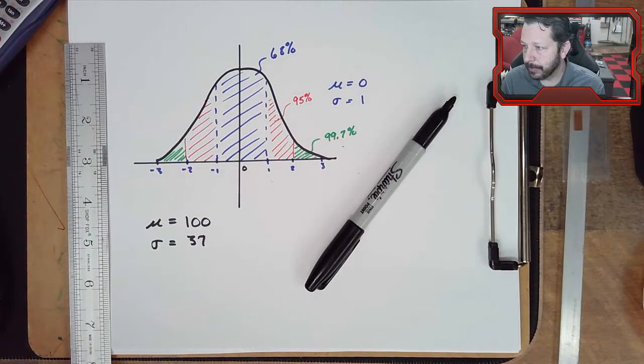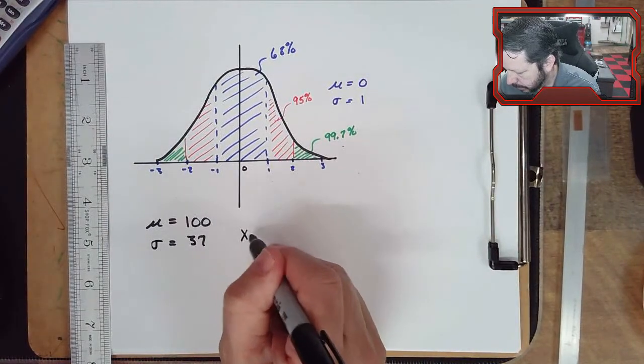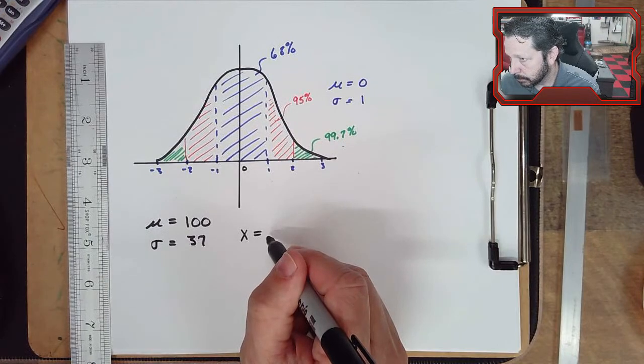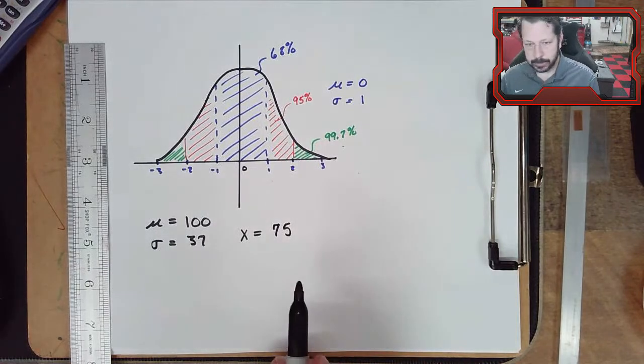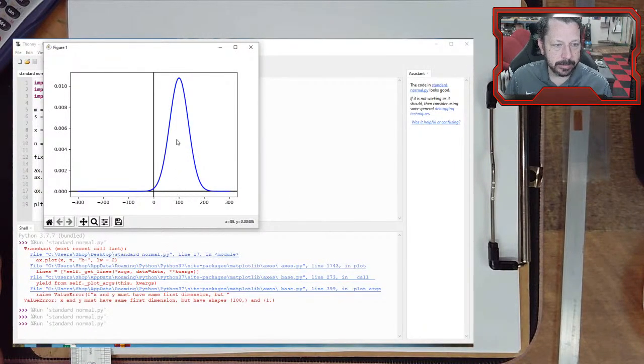All right, so these numbers. What's the probability that a value of x equals, well, 75? We'll do that one. So 75 is right in here somewhere on our chart. I wish I could draw a line.